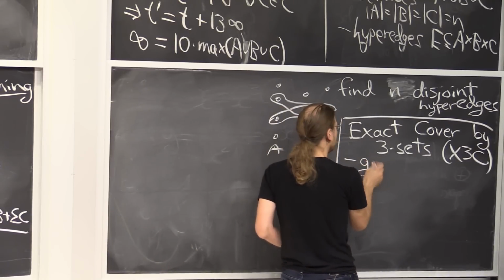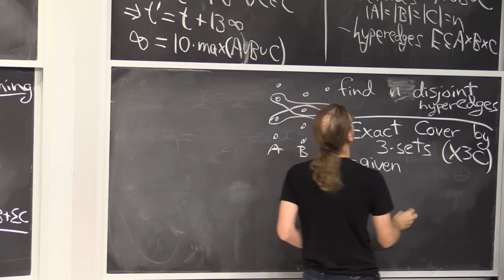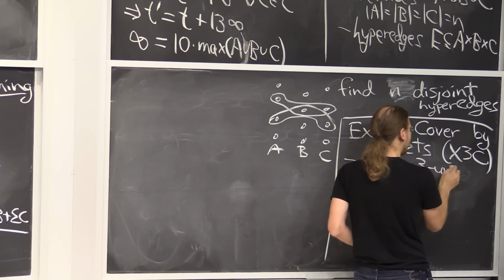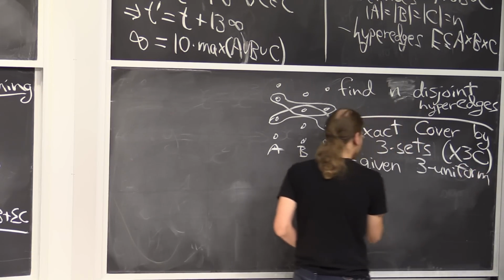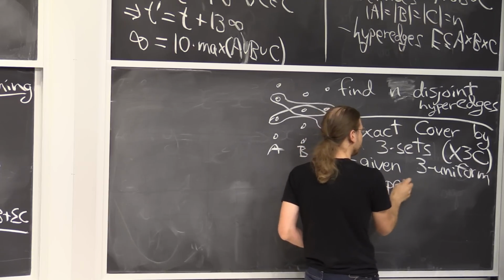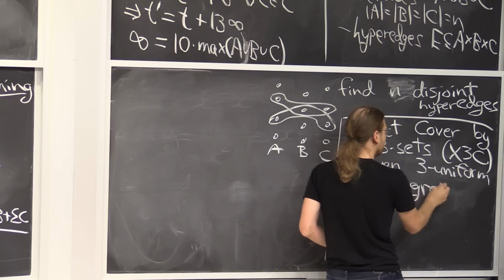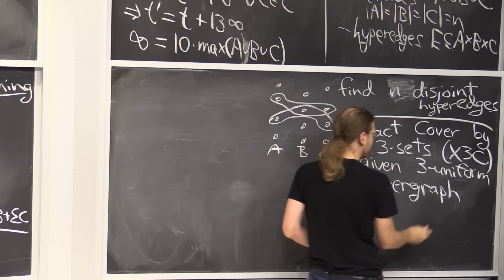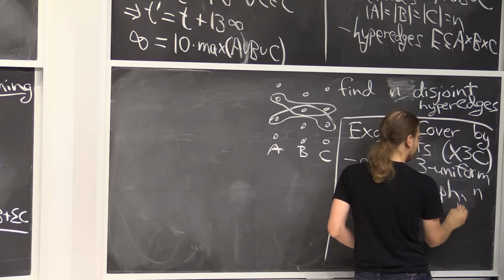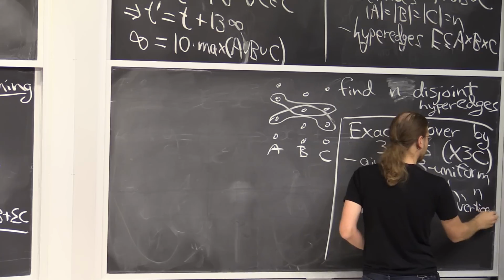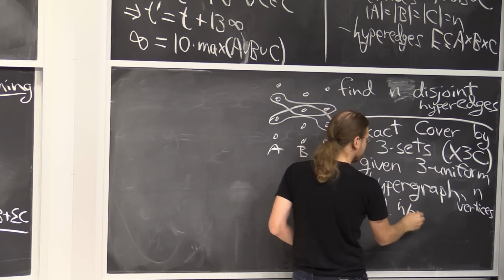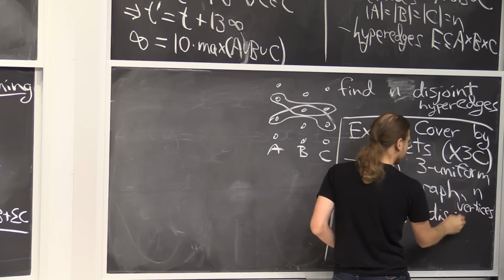Here, it's sort of the generalized version where you're given a non-tripartite, just a 3 uniform hypergraph. 3 uniform just means every edge has cardinality 3. And your goal is to find, let's say it has n vertices, n over 3 disjoint hyperedges.